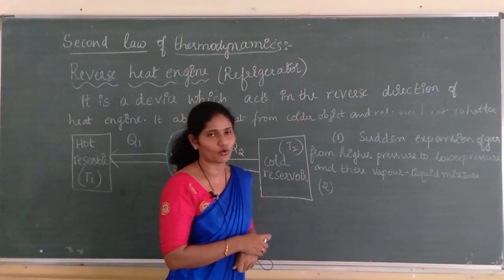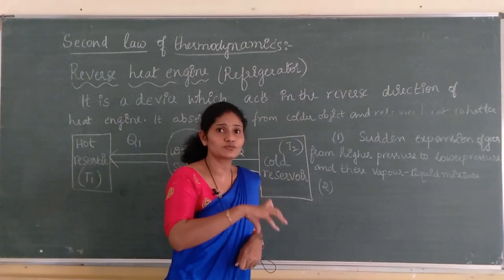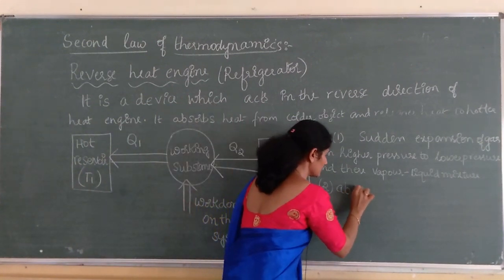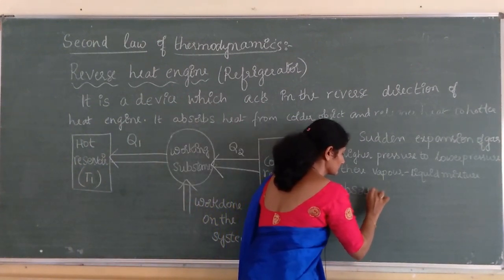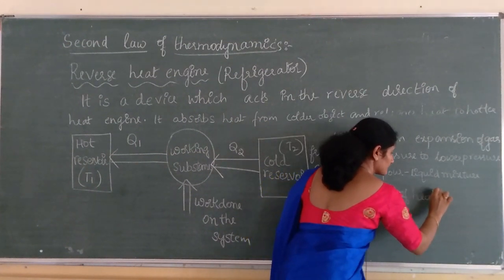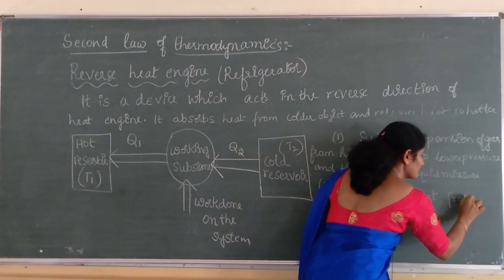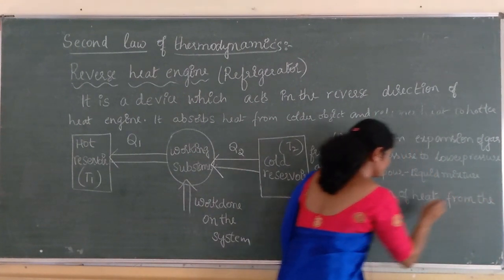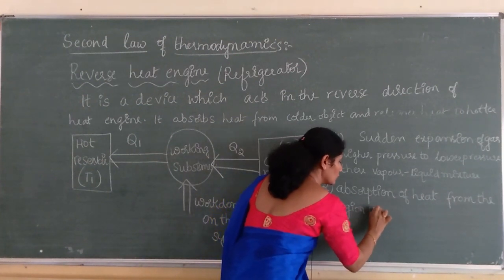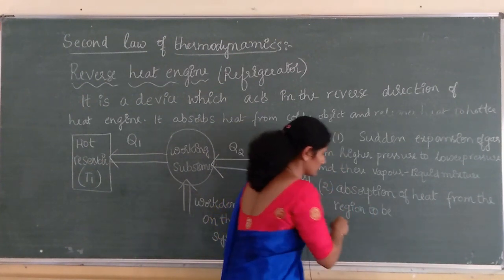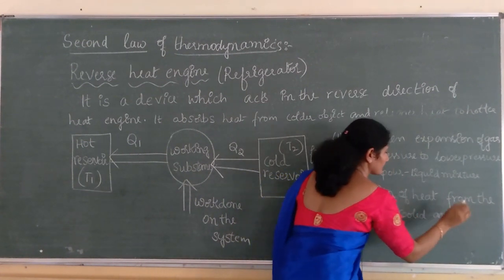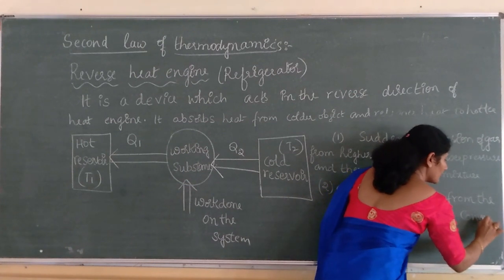What is the second process involved? Second process is absorption of heat from the region to be cooled. That means from the food, and converting into vapor.